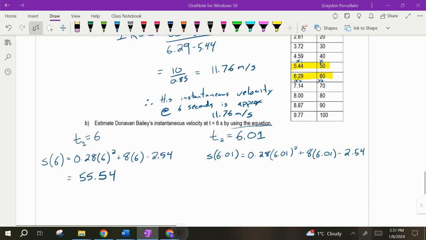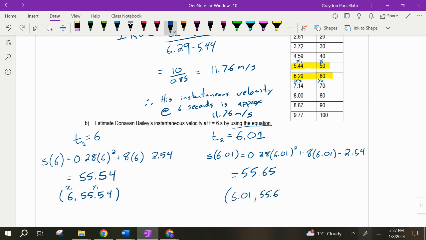So that means my coordinate is 6, 55.54. So that's my x1, y1. Here I get 55.65. So that means my coordinate is 6.01 and 55.65. So this is my x2 and my y2.